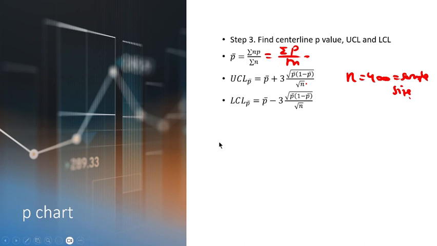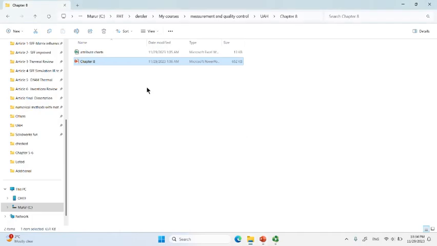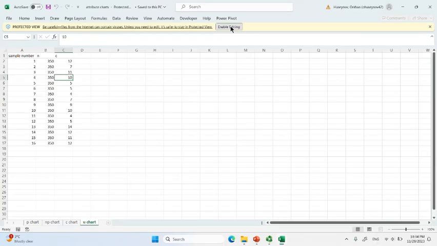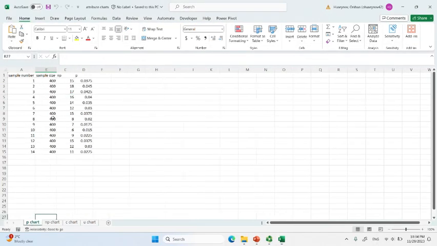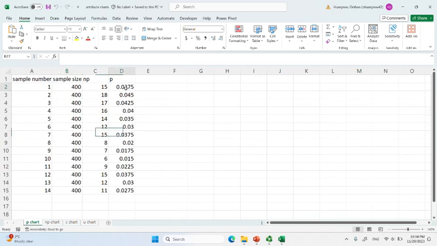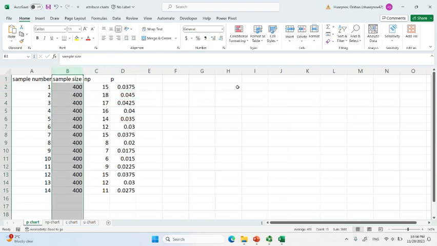Let's plot it and see how it looks. This is very similar to what we did till now. So we have the P chart, and these are the data that we have. We have the P values, as you can see, I calculated. These are the defective products, and these are the samples. And if I go here and add, n is 400, as you can see.